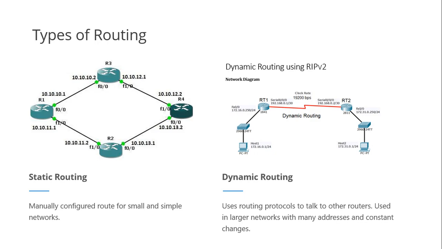So we usually use static routing if the packet would only be sent within a very small or simple network. So usually network administrators would configure the route specifically for that packet so that it would reduce the consumption of resources that would otherwise be used when we are using dynamic routing.